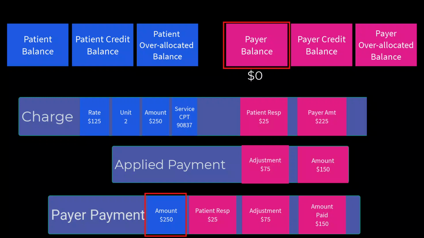The payer calculated that the patient responsibility was $25, created an adjustment to lower the amount owed to be in line with the contracted amount for that particular service, and the difference is the $150. So when we create the payment, we apply the $150 plus the $75 adjustment to the $225 payer amount on the charge, which gives us a balance of 0 under payer balance.